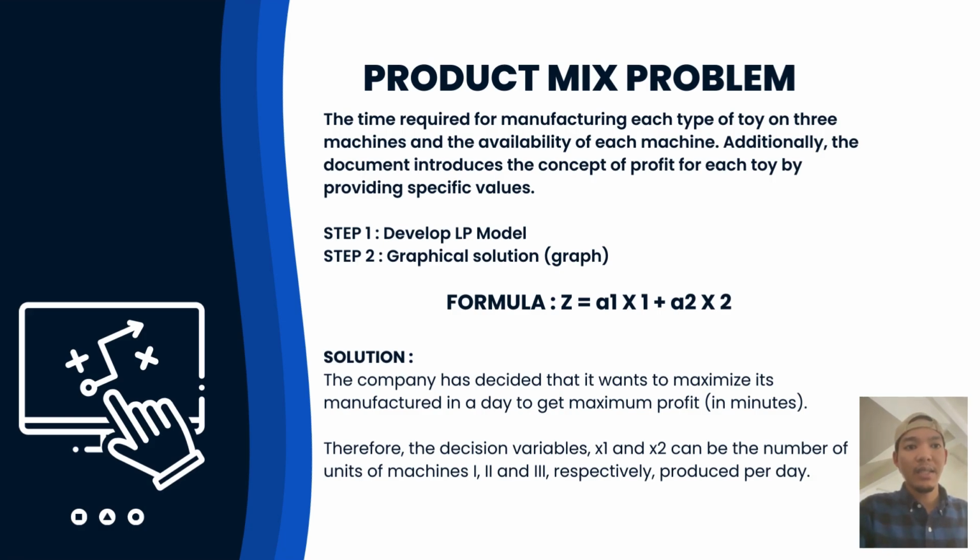And the second, the decision variables x1 and x2 can be the number of units of machine 1, 2 and 3 respectively produced per day. So that's all the intro about LP, and I will pass to the next presenter.